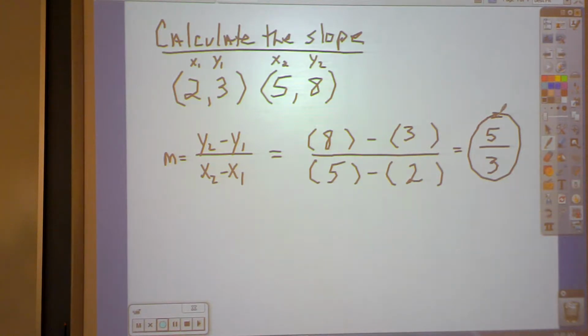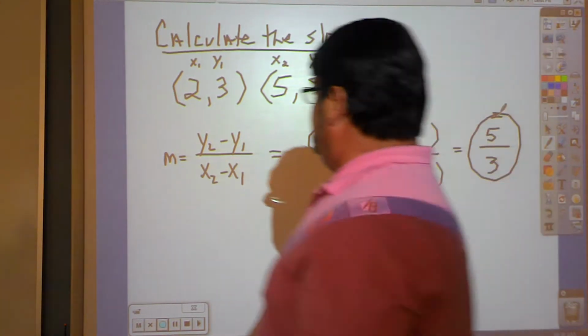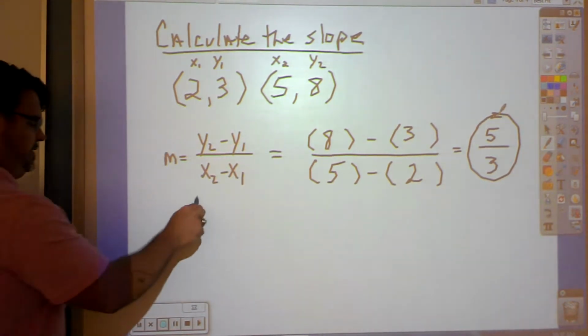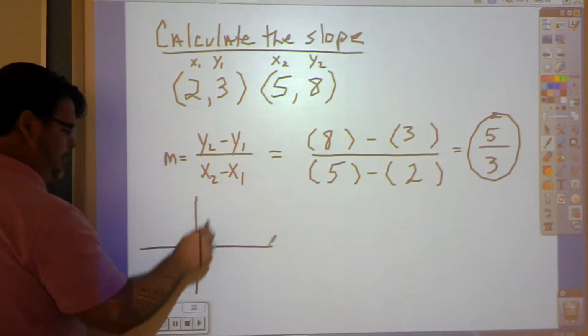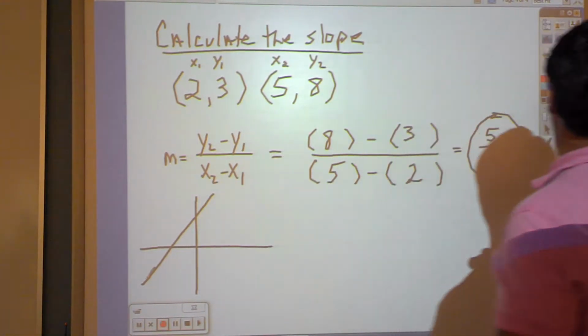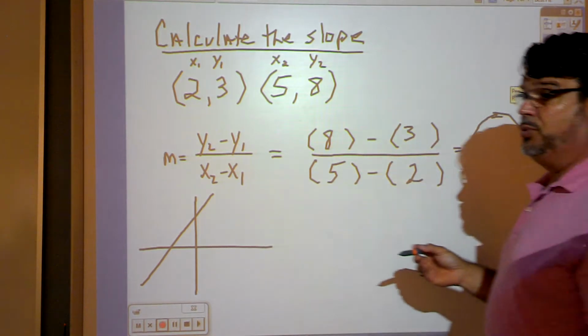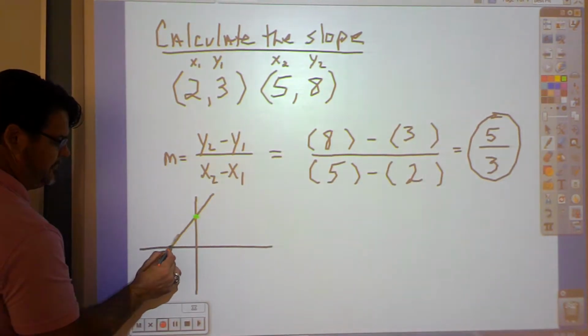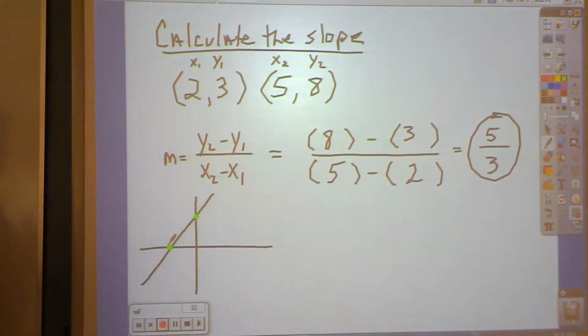Now, how can I give you 2 points? Well, here I can give you 2 points like this. Or I can give you a graph and I take a red or green marker. The reason I'm using green is because this is what they do on the homework. They give you 2 green dots right there, and they have the graph numbered, of course. And they want you to use those green dots as what?